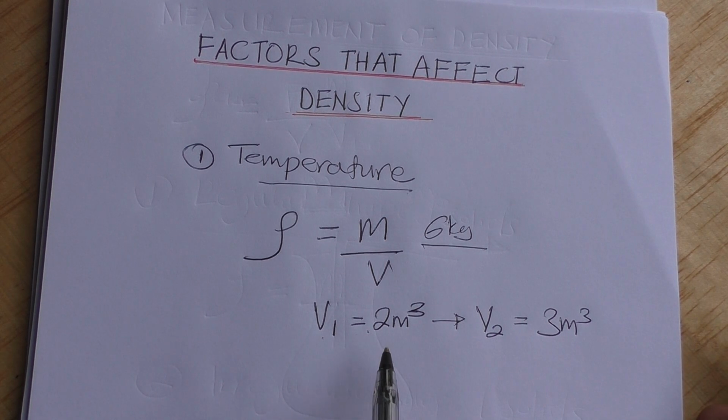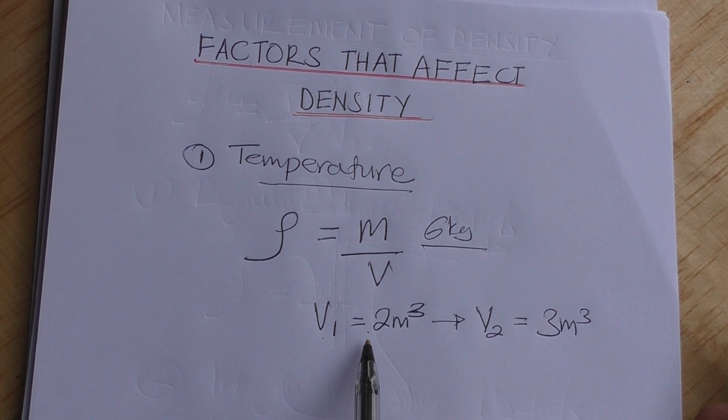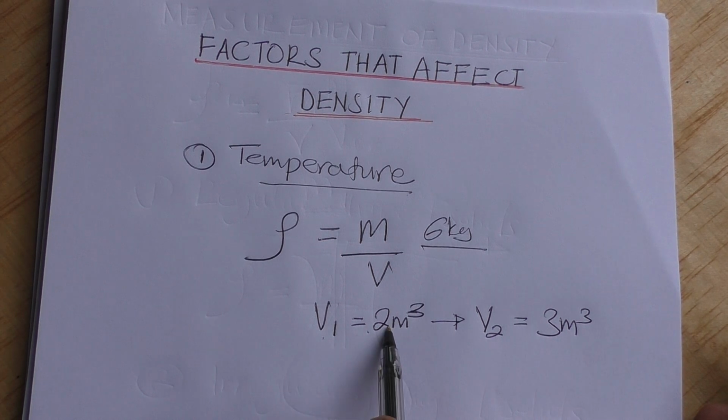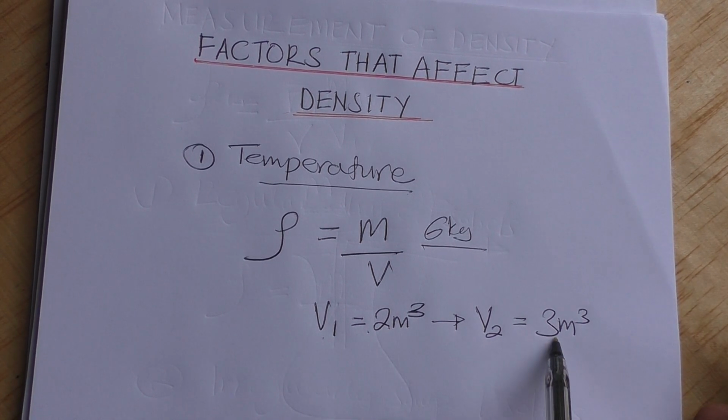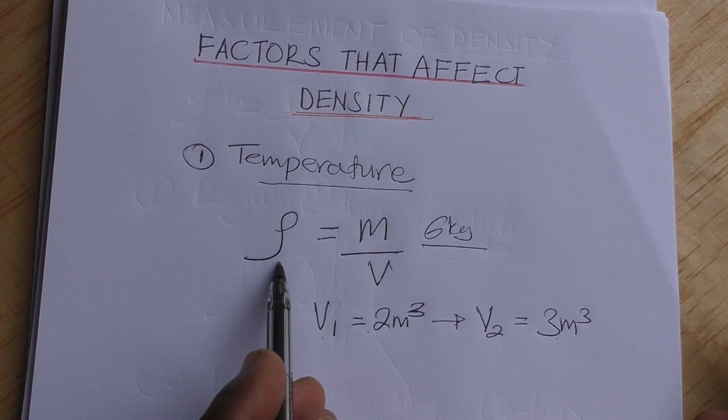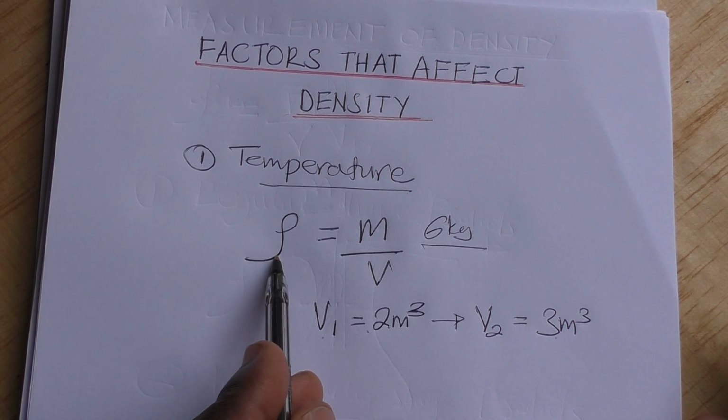So the increase in the volume from 2 meters cubed to 3 meters cubed will lead to a decrease in density.